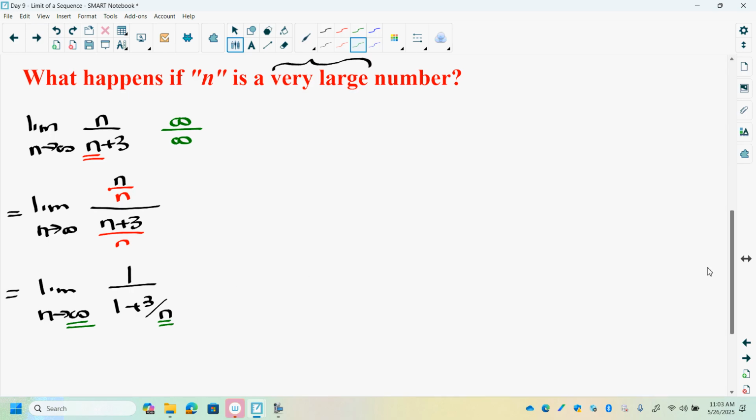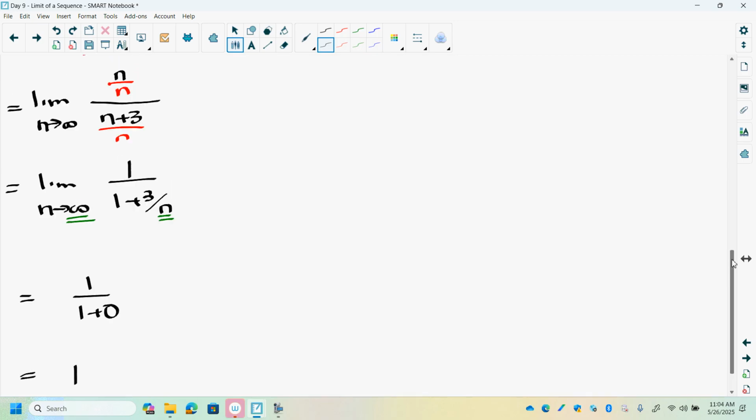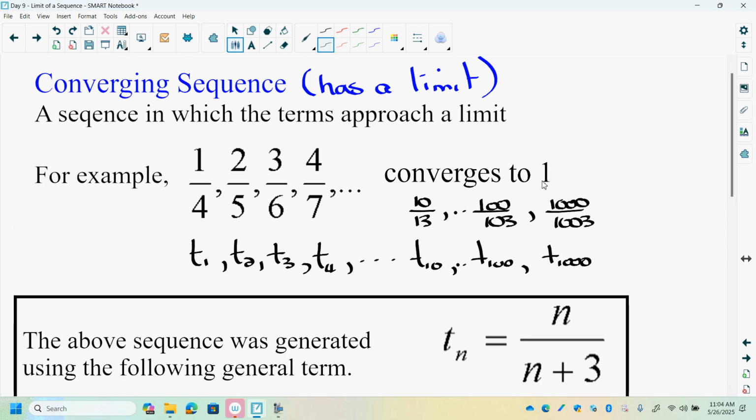It's going to 0. So this is actually going to equal 1 over 1 plus 0. 1 plus 0 is 1. 1 divided by 1 is 1. And our answer that it converges on 1 is verified.